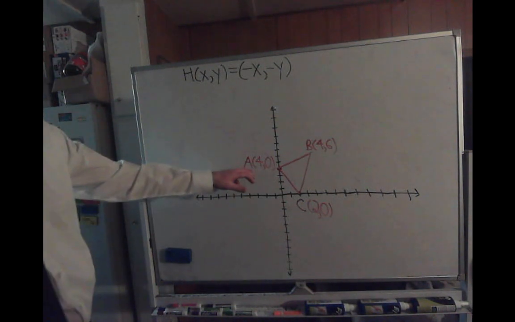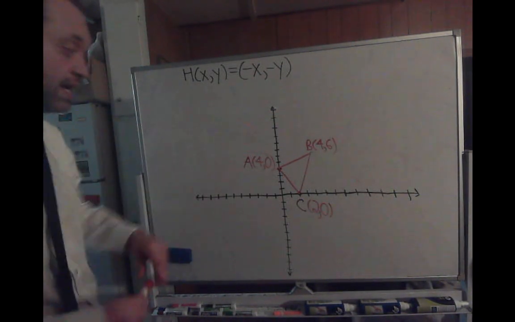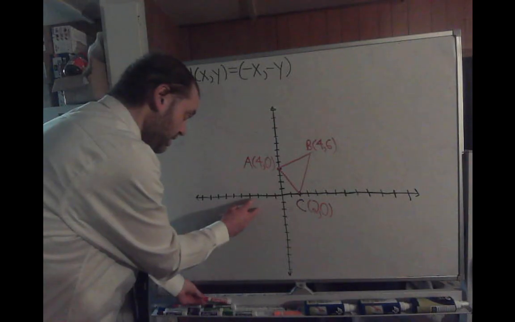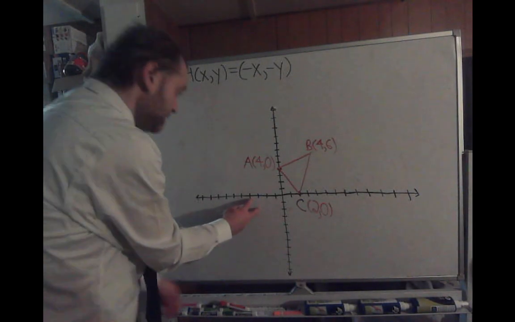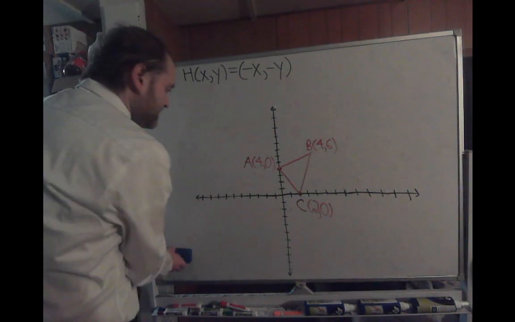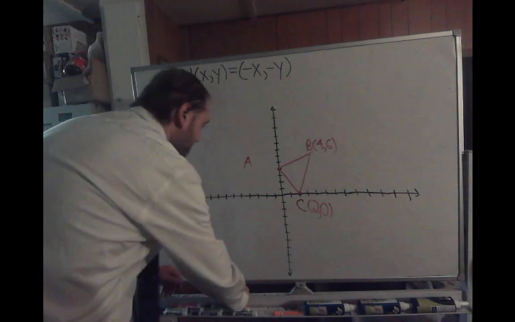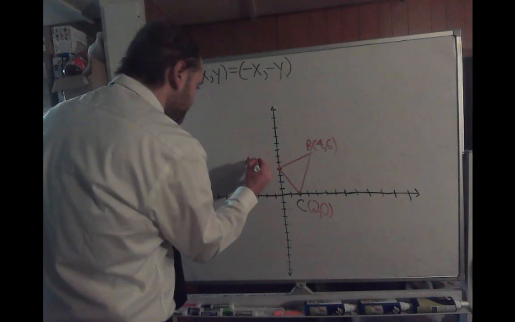If I stick in the x coordinate of A, put in 4 for the negative x, I would get negative 4 for my x coordinate, right? I'm sorry. Wait. It's at 0, 4. I'm getting it backwards. Bear with me a second. That's 0, 4, not 4, 0. My bad.